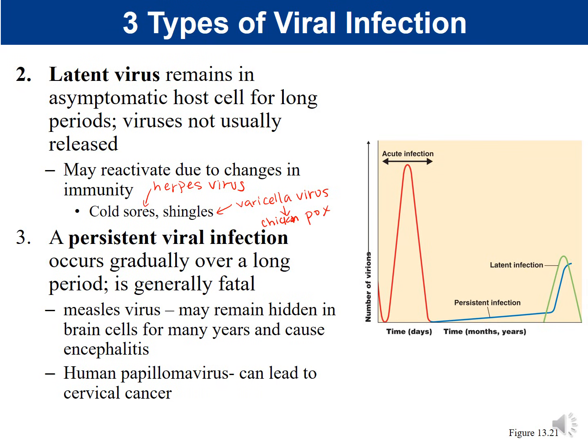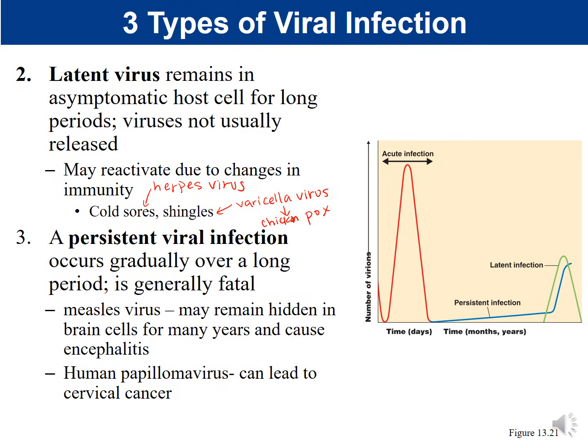A persistent viral infection occurs gradually over a long period. It's generally fatal. And what happens is, in a persistent infection, the difference being that virus particles are made continuously over a long period of time. Notice that if you look, you can see the virion number increasing slowly, and that's in comparison to the latent infection.